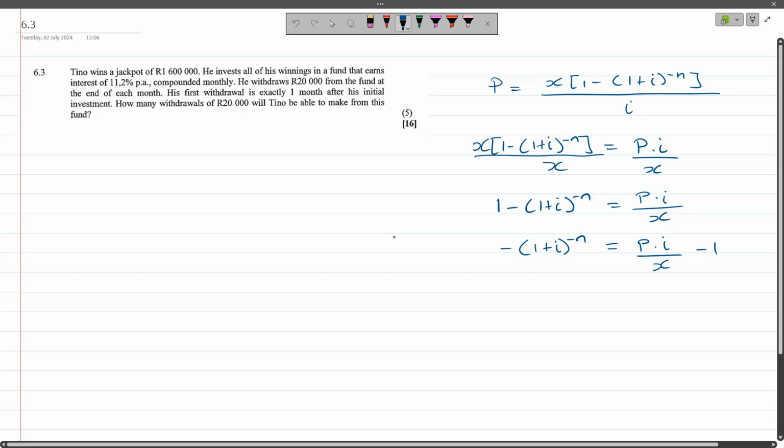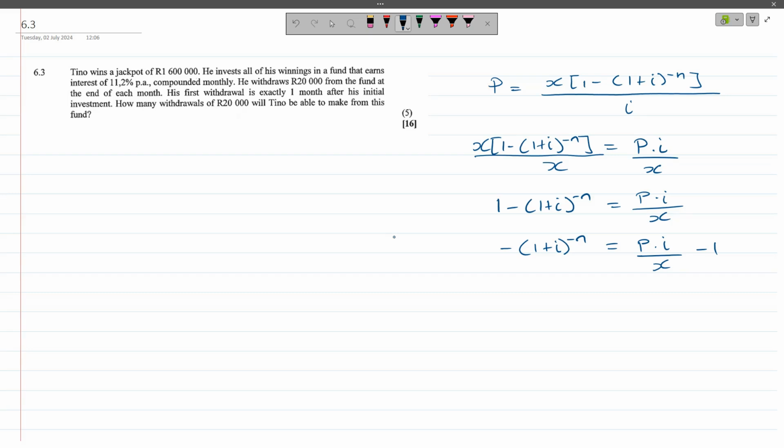Then at this point we can write it as a logarithmic function. At this point you are now able to substitute your values in, or you could first try to rewrite it as the logarithmic function.